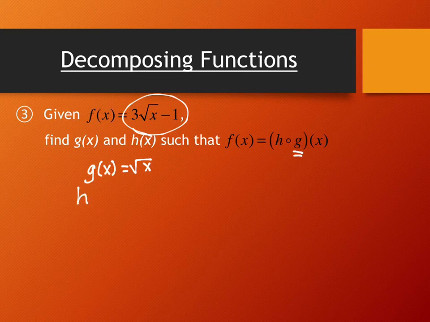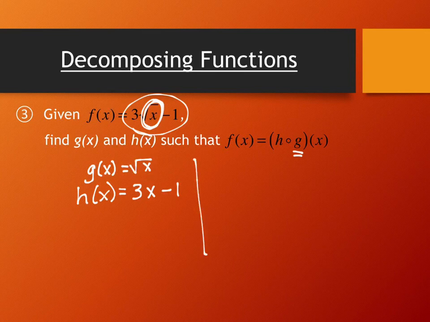If we do that, then what I would need to embed it inside of is to simply replace the square root of x with x and put the other pieces around it. 3x minus 1. So if you were to imagine taking this and plugging it back in there, would you end up back with f of x? Yeah, you would. I think this is the most natural choice for this one, but it is not the only choice. There is another choice, one other, that would work here.